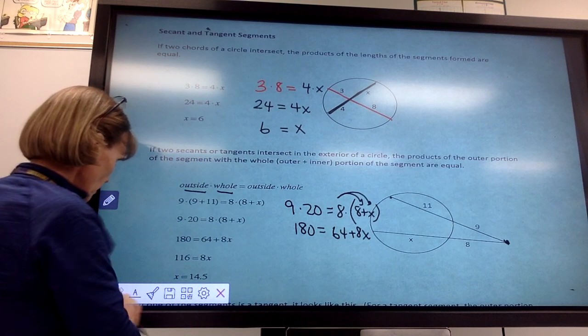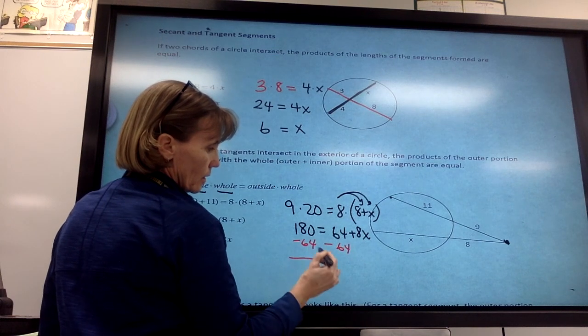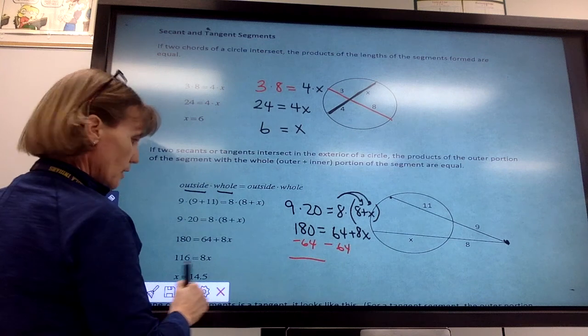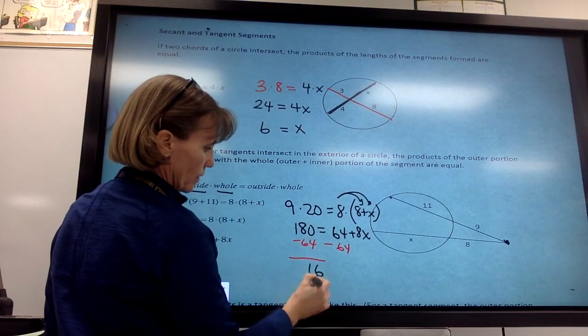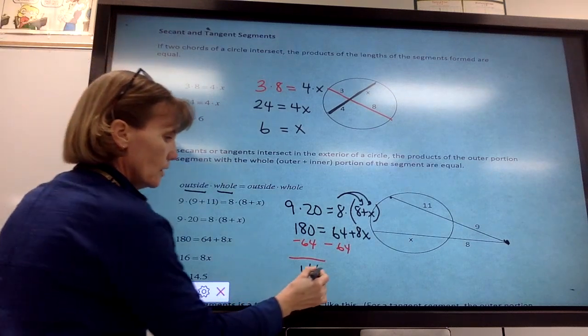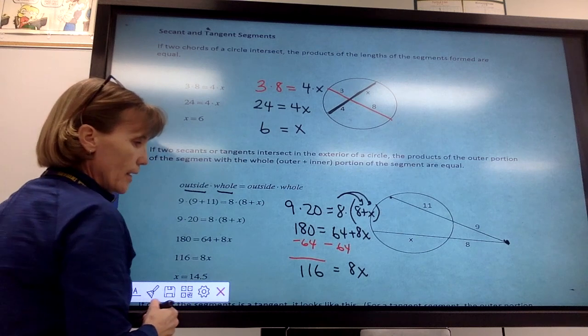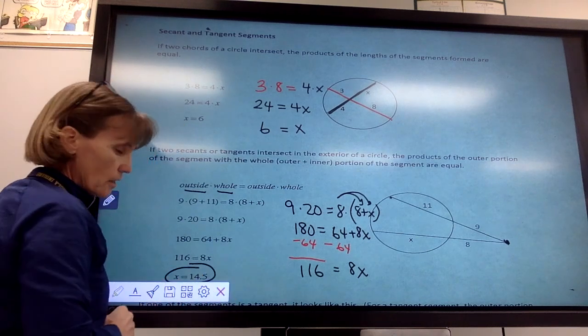To solve that, I'm going to subtract 64 from both sides. I'm going to get 116 is equal to 8x. And if I divide 116 by 8, my answer here is 14.5.